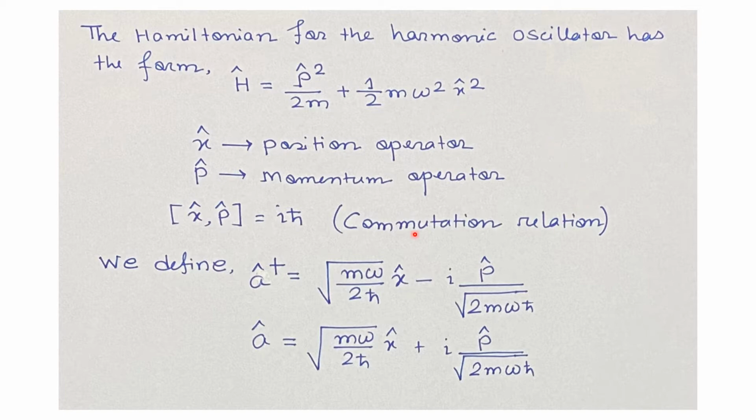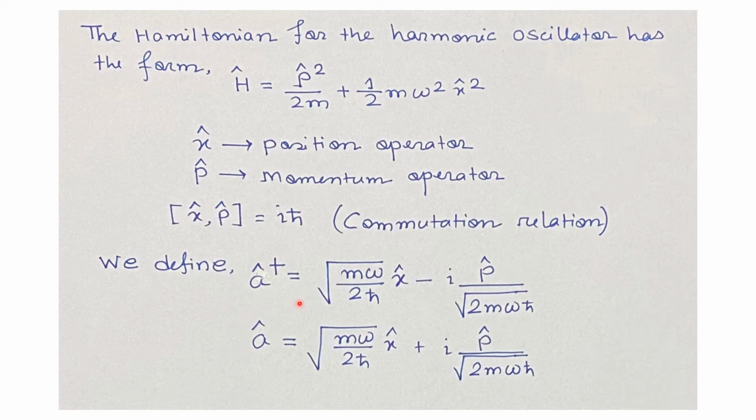Now we know the commutation relation between the position operator x cap and the momentum operator p cap equals i h cut. Here i is the root over minus 1 and h cut is the reduced Planck's constant. Now we define two special types of operators, A cap dagger and A cap.